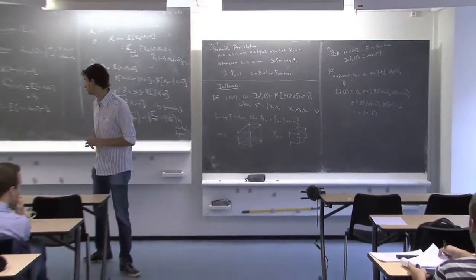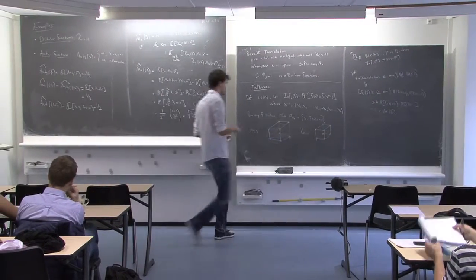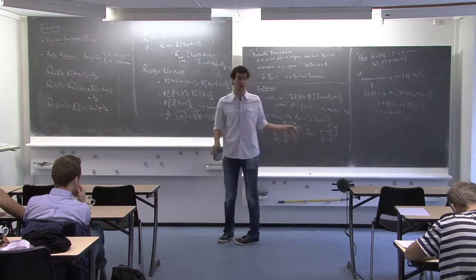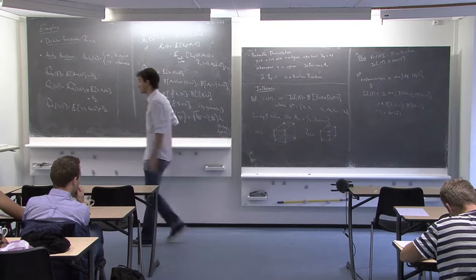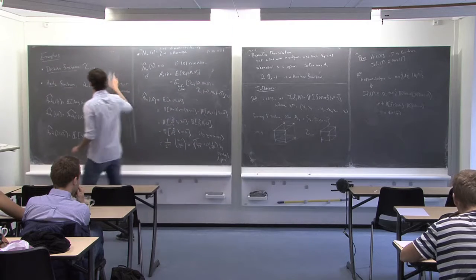The second indication, at least to me, is not necessarily a theorem as much as a reason that influence matters to us, which is, of course, the notion of Russo's formula.